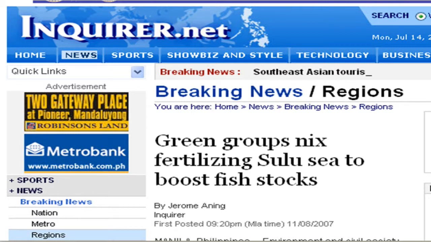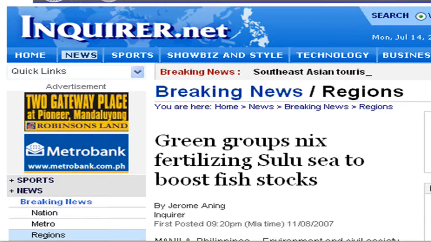And then there's some proposals to fertilize your ocean, not only because of your carbon sink processes, but also possibly to boost fish stocks. For example, this Australian group that was proposing this in the Sulu Sea in 2007.